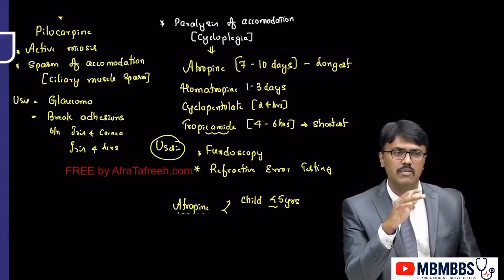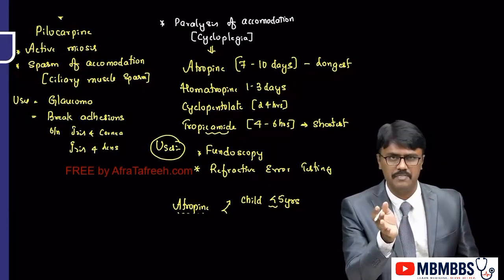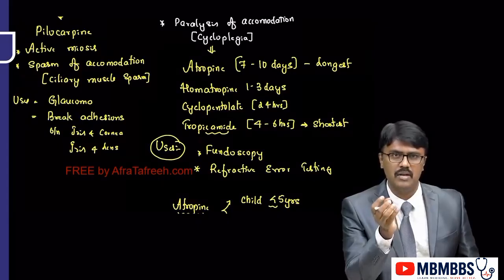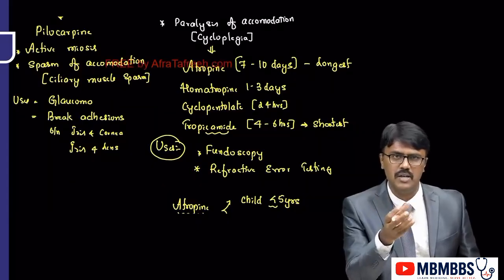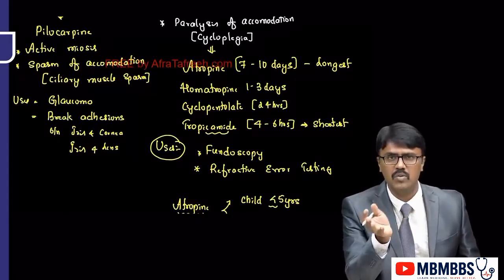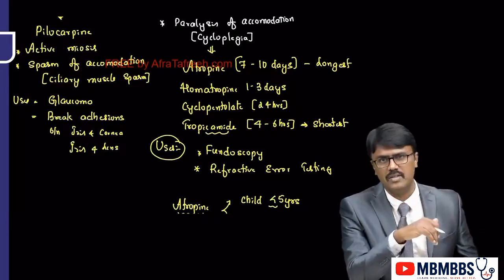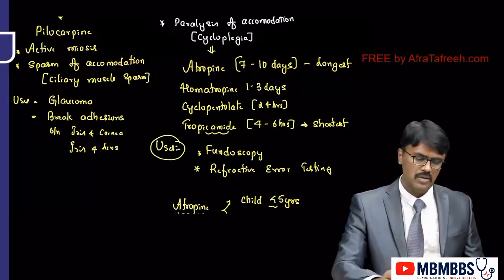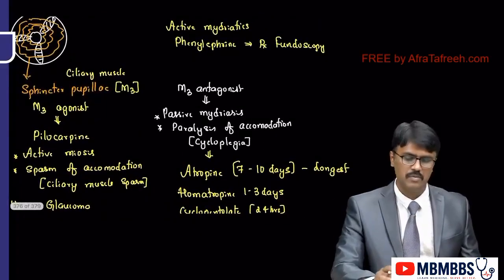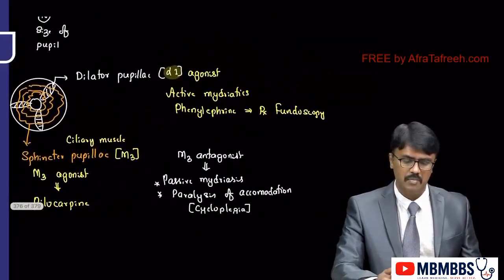So what we do is we give meiotic and mydriatic alternatively. So the pupil will undergo meiosis, mydriasis, meiosis, mydriasis. By doing that, we can remove the adhesions. So to remove the adhesions, we use both meiotics as well as mydriatics. So you understood what is active, what is passive, but is there any passive meiotic? Yes.